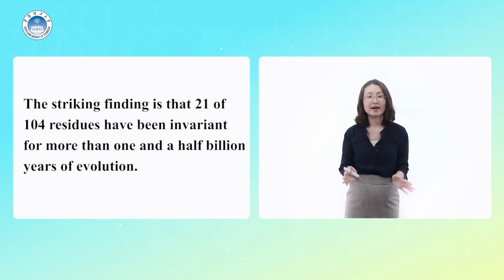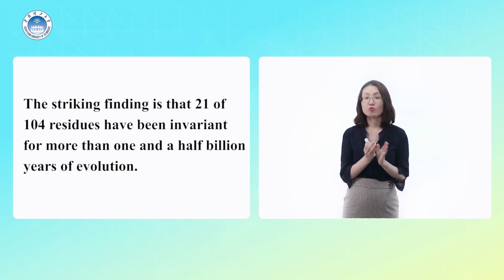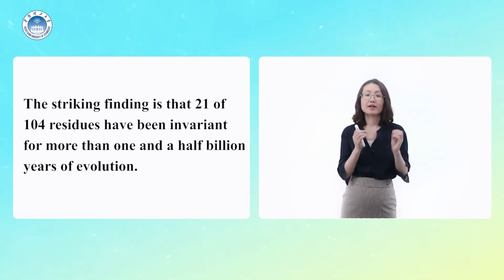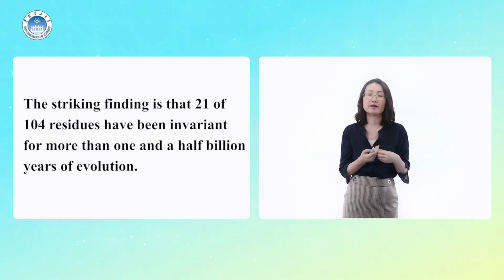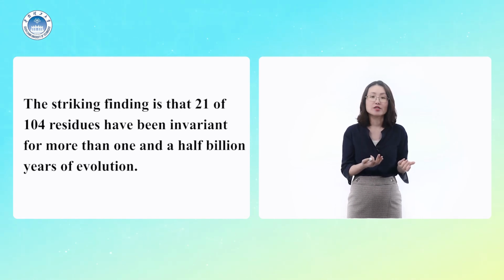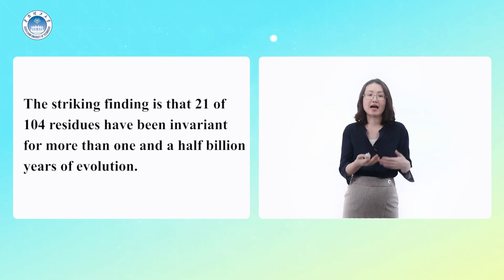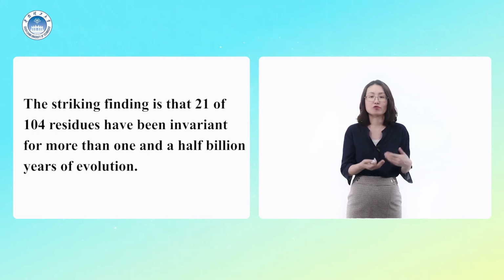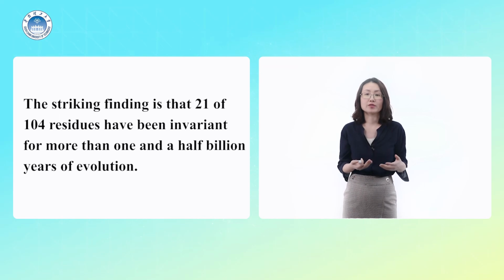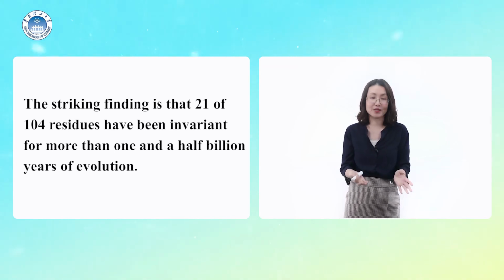The striking finding is that 21 of 104 residues have been invariant for more than 1.5 billion years of evolution. So a phylogenetic tree constructed from the amino acid sequences of cytochrome c reveals the evolutionary relationship between many animal species.